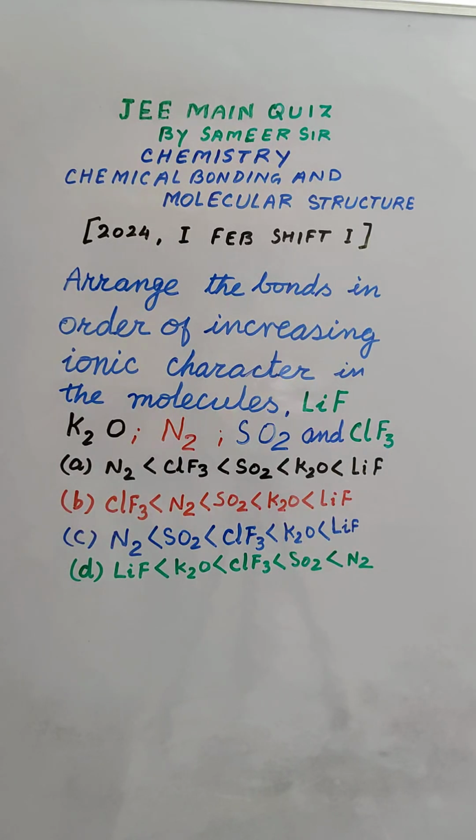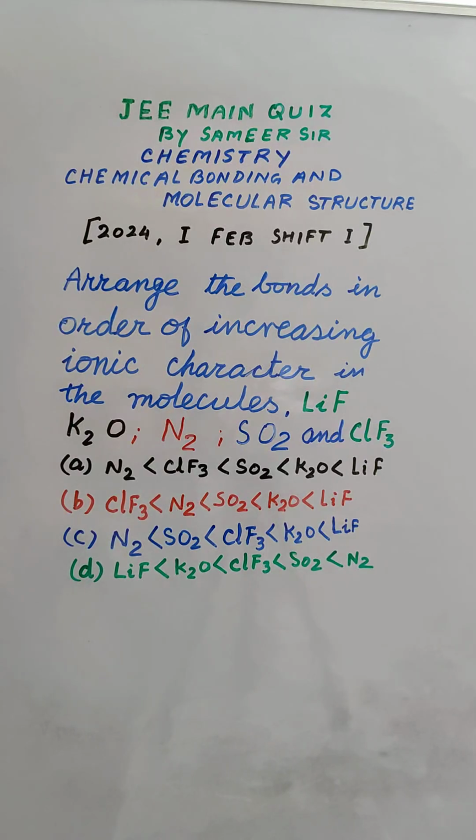Okay, I'm going to tell you the answer. Option C is the correct answer. N2 is the least ionic in character in the molecule, and thereafter SO2, and thereafter ClF3 and K2O.